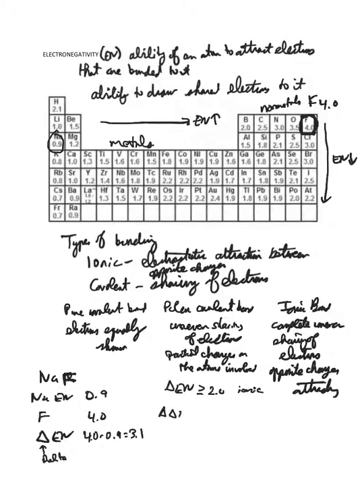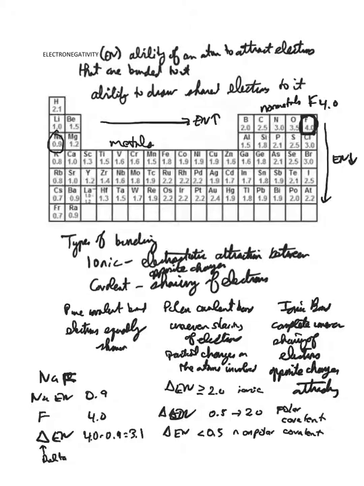If that difference of electronegativity ranges from 0.5 to 2.0, it's polar covalent, and there's an uneven sharing of electrons. If that difference of electronegativity is less than 0.5, it's going to be a nonpolar bond or nonpolar covalent bond.